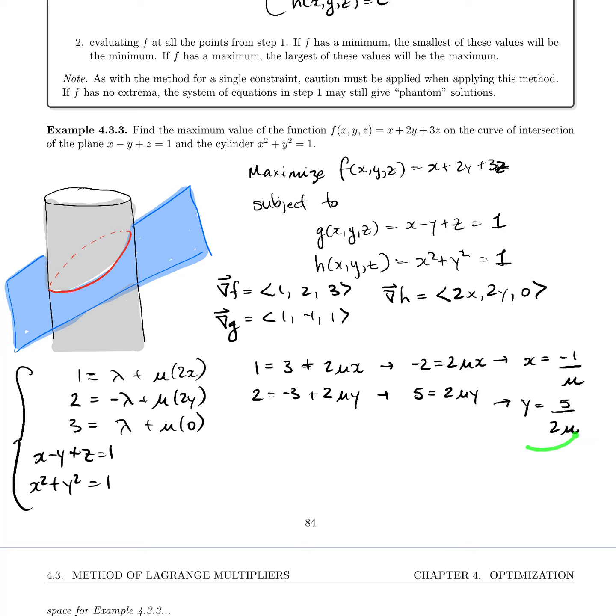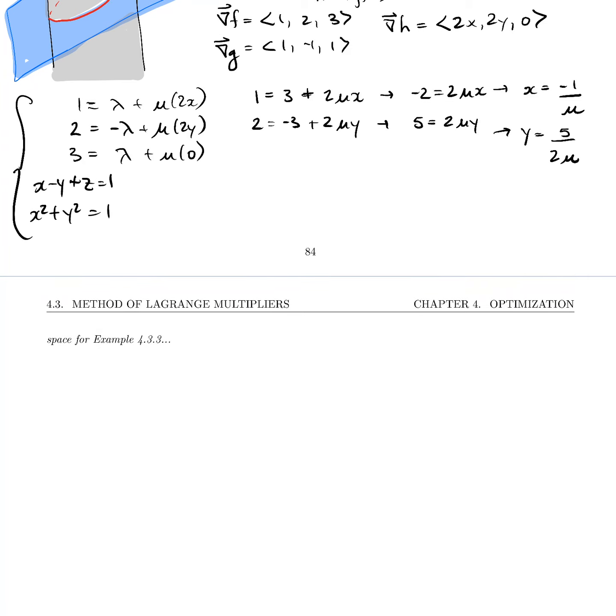We're going to take these expressions for x and y and plug them into x squared plus y squared is equal to 1. So if we do that, we're going to have minus 1 over mu squared plus 5 over 2 mu squared is equal to 1. We're going to be able to solve for mu.